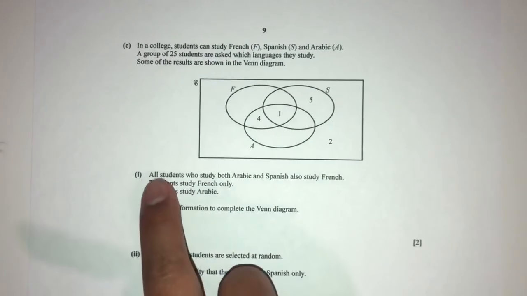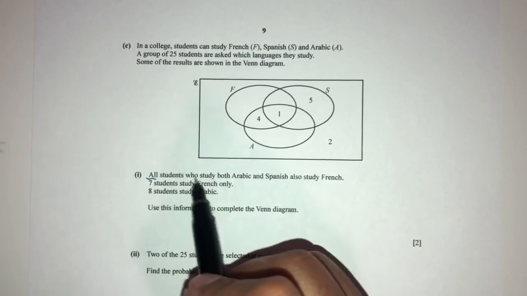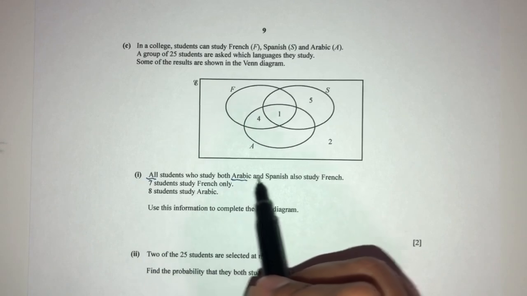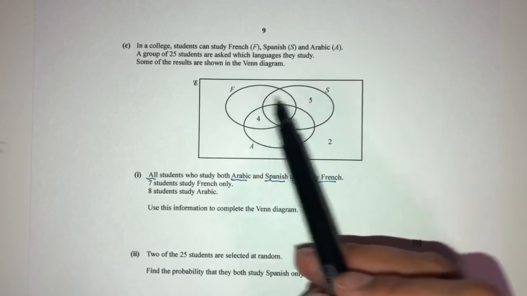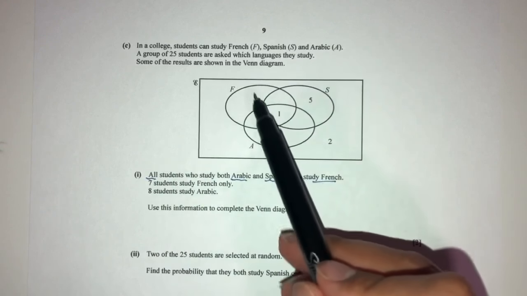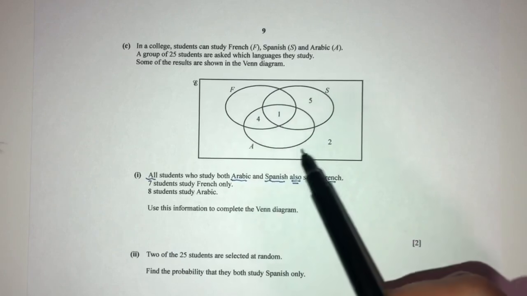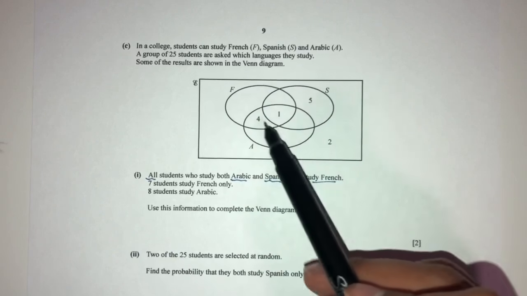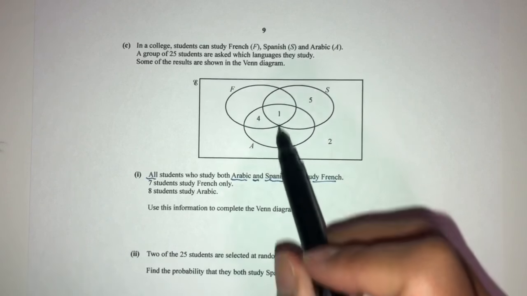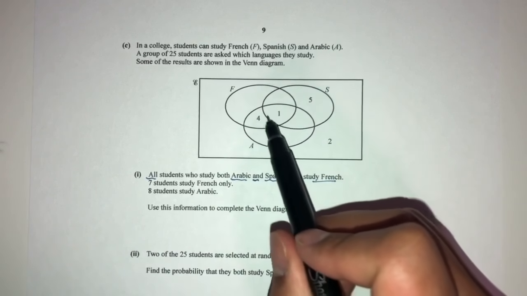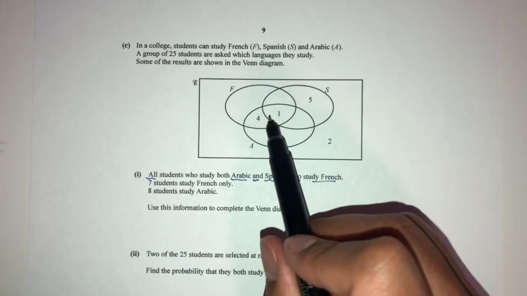Now, all the students who study both Arabic and Spanish also study French. So everyone who studies Arabic and Spanish will be in this set, and also studies French.